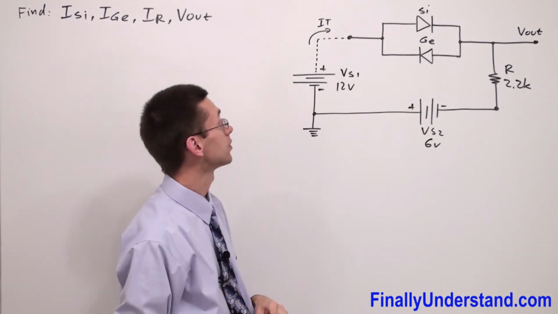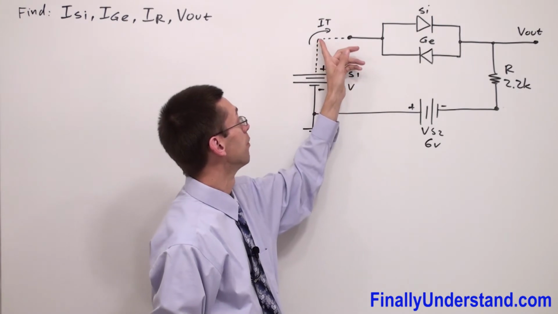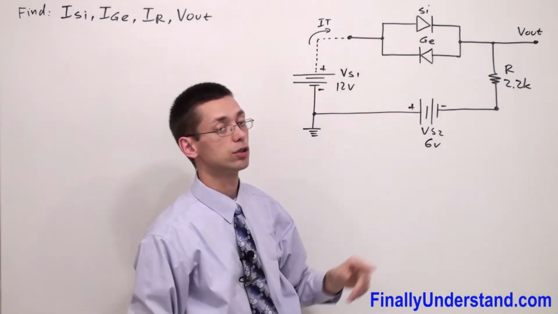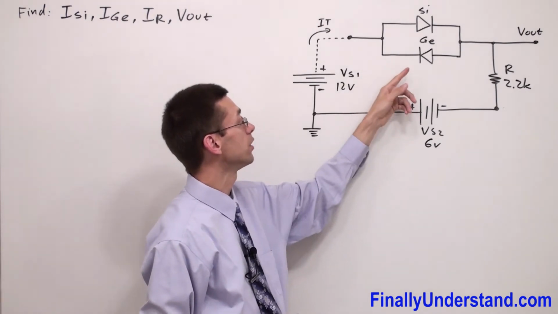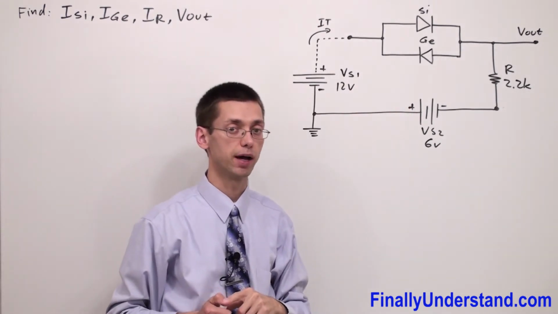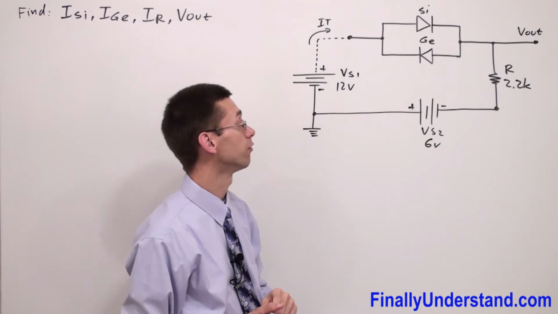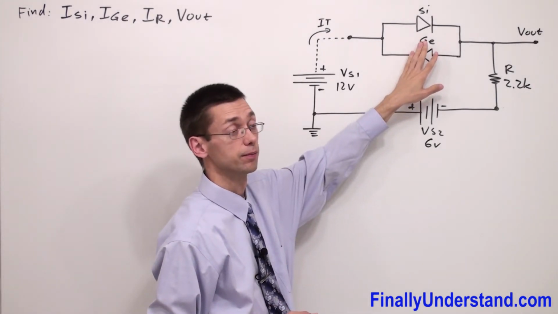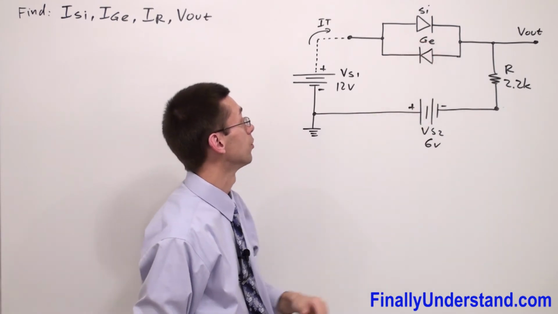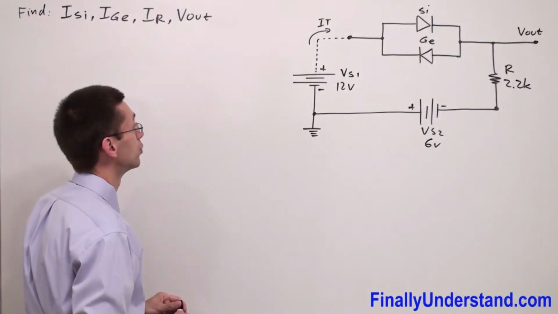So it means that my silicon diode is going to be in the on state and germanium is going to be reverse biased. It means it's going to be in the off state. So this diode is not conducting. Okay? So what we're supposed to do next?